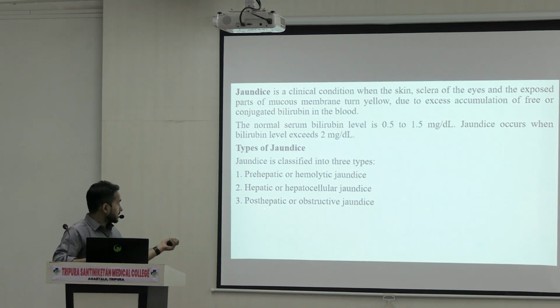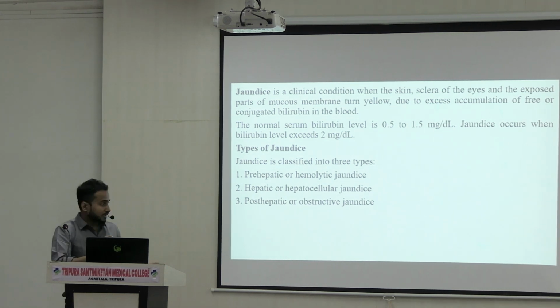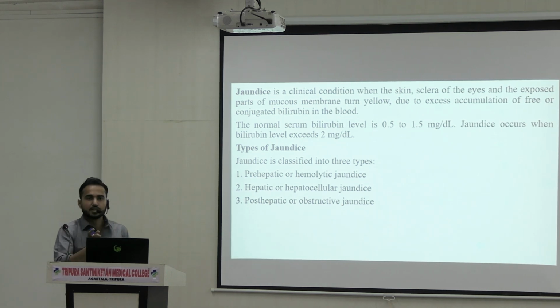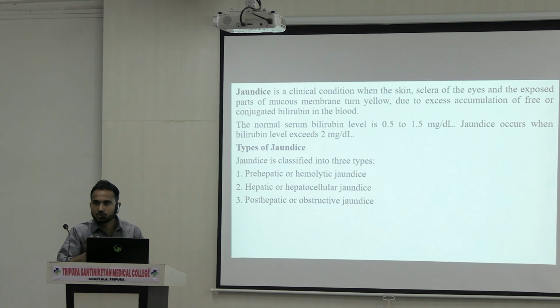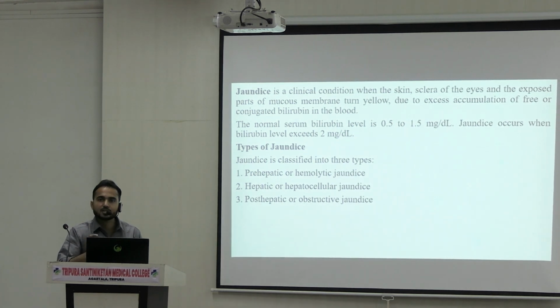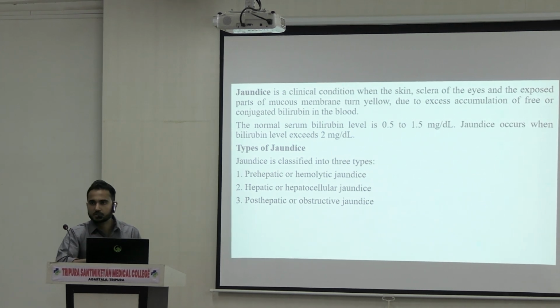And the post-hepatic is the obstructive one, which I have shown you just now. The post-hepatic or obstructive jaundice is related to the extrahepatic biliary system, because in that case the obstruction is present in some part of the extrahepatic biliary system.